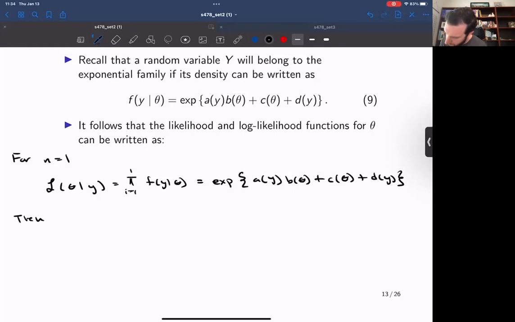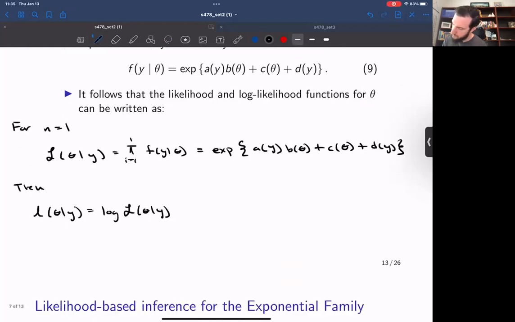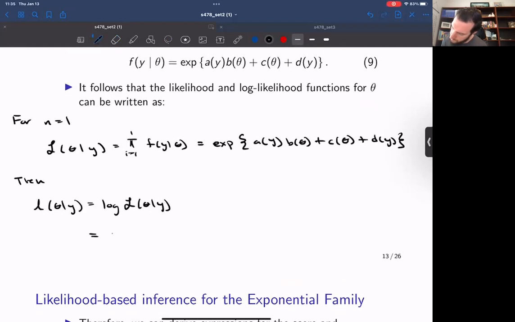Then the log likelihood function is equal to the log of the likelihood function, which in our case is just going to be A of y, B of theta plus C of theta plus D of y.